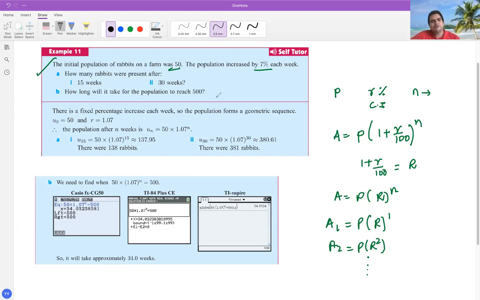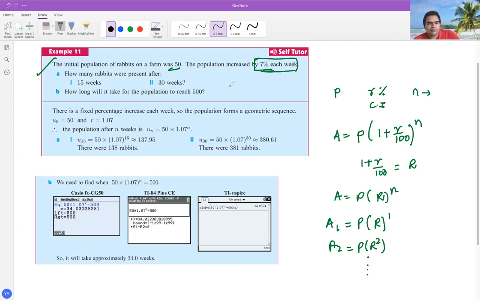So after 15 weeks, since they're increasing each week, if I compare with this formula, the rate of interest is the 7%.